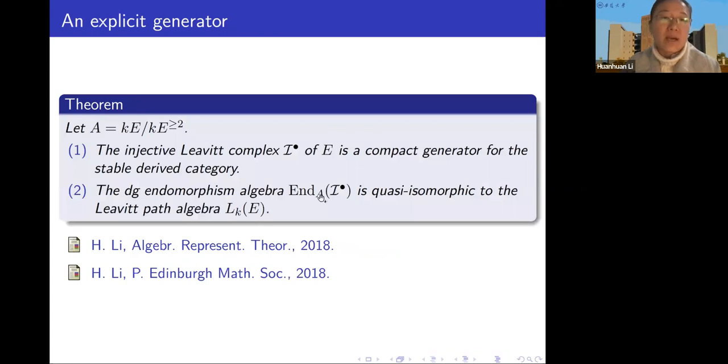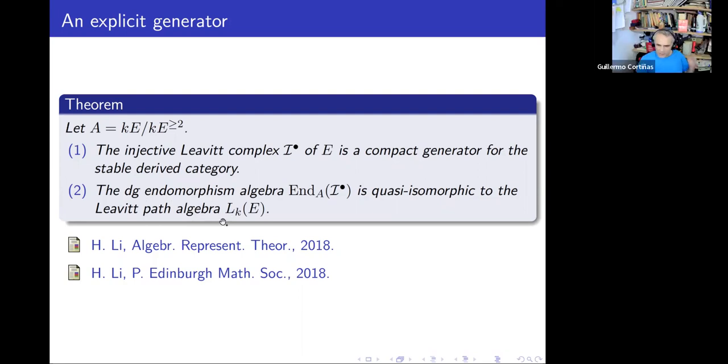Then, inspired by this result, I considered the stable derived category and constructed an explicit generator. I denoted it for the stable derived category. As this triangulated category has a relation with Leavitt path algebras, I found that the differential graded endomorphism algebra of this generator can give us back the Leavitt path algebra.